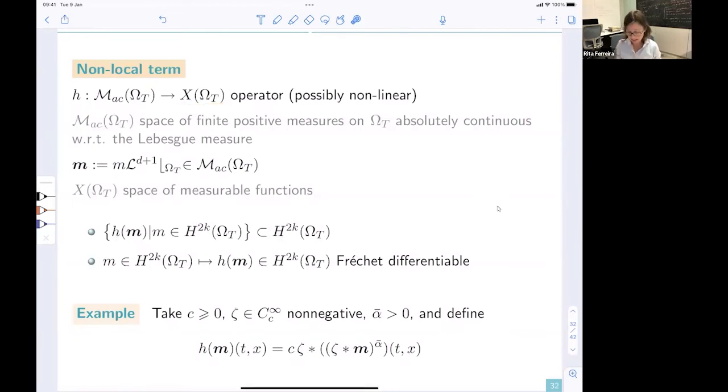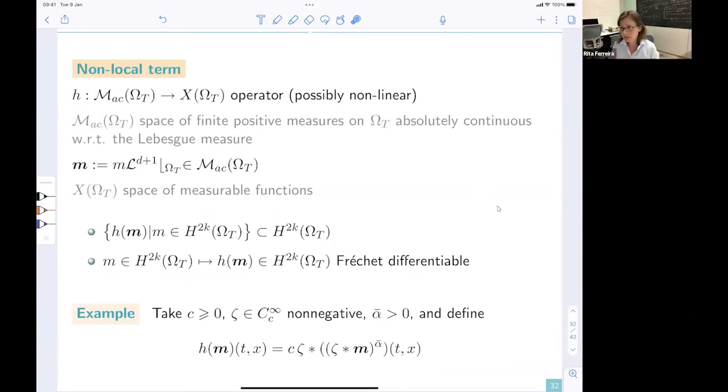So this is a mapping that satisfies certain conditions that we need it to satisfy. It maps H2K functions, with K as before, into H2K functions. So if I start regular enough, it gives me back at least the same regularity. And we also assume that this mapping is Fréchet differentiable.